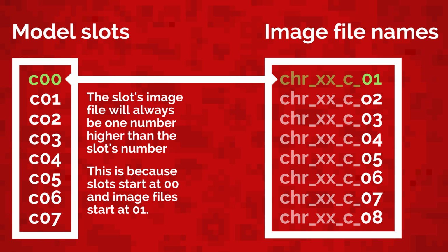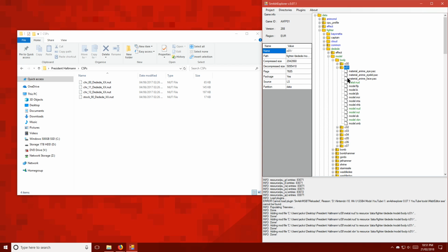Let's say you modded slot C00, you would then rename the graphic files for that character to 01, because it's one higher than the slot you modded, and that's how these work. The same would be true if we modded slot C03, the image file would be named to 04. The graphic files are always one number higher than the slot they're going into, because slots start at 00 and graphics start at 01.